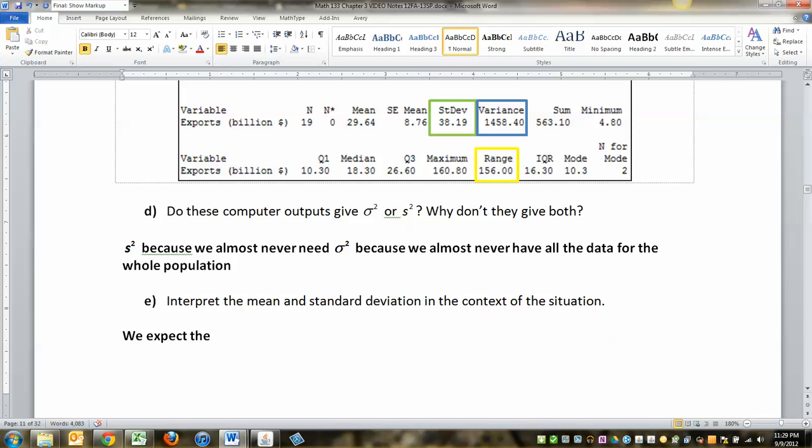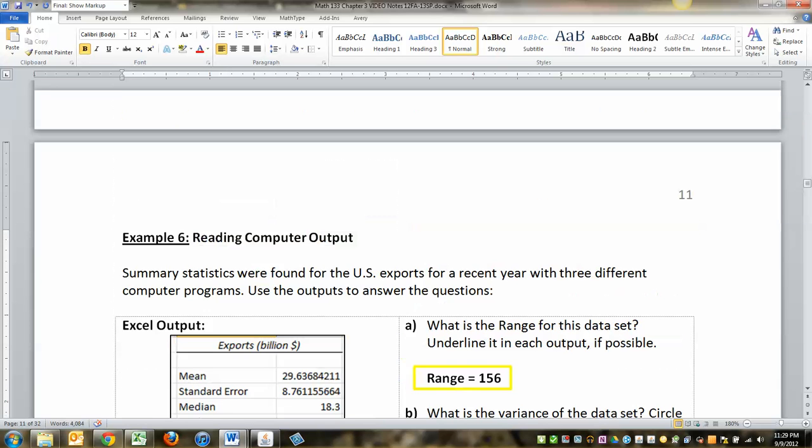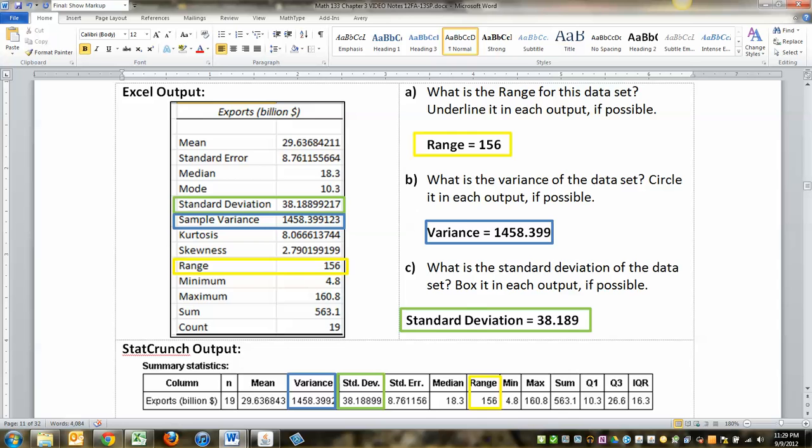Okay. So what does this mean for the US, this lovely mean and data set that we have here? We have this data set about the US exports in billions of dollars.